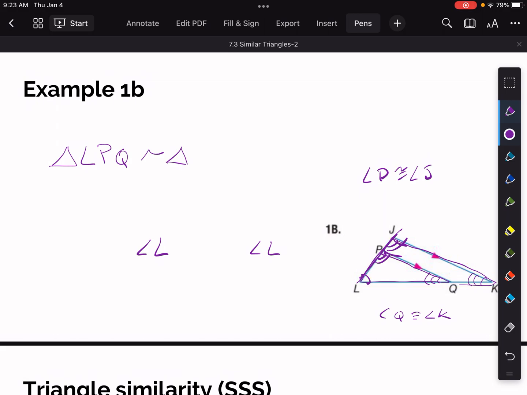So in the big one here, L has to correspond to L. So L would match the L. P matches J, so I would say J. And then Q matches K, so K. In that order, okay? So that is your similarity statement. And again, you can start with whatever order you want and whatever triangle you want. You just got to make sure that they match, right? The L's match the L's, the P matches the J, the Q matches the K in the correct order.